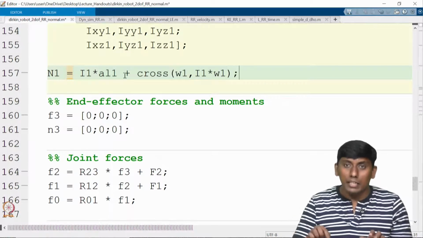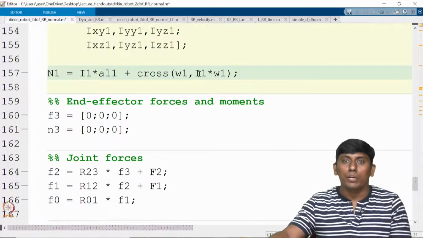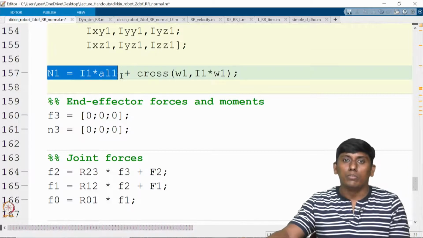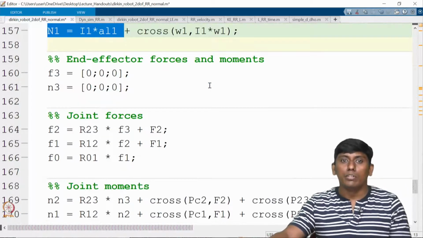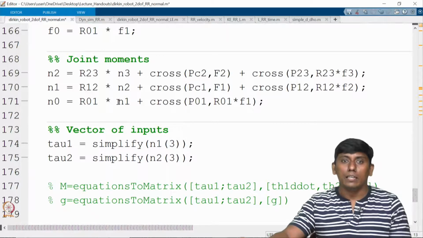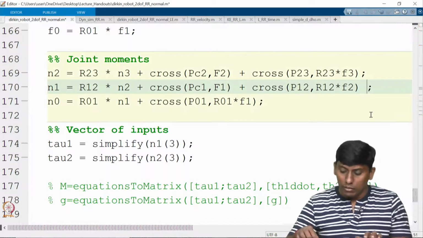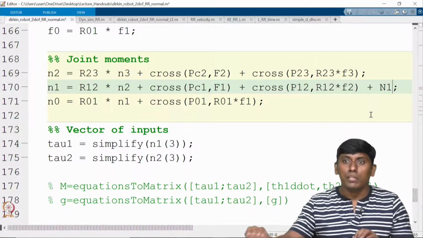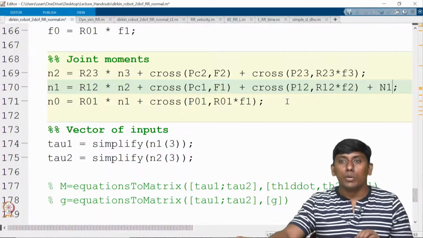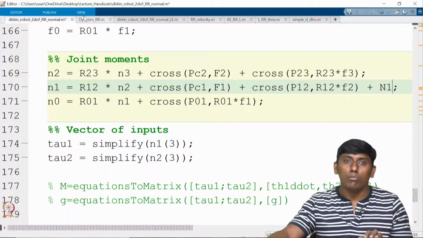But anyhow, in this case, this will not give any term, though it will make sense. So in this case, it would just be added as N1. If I add this, you can see that all the initial terms would be coming.